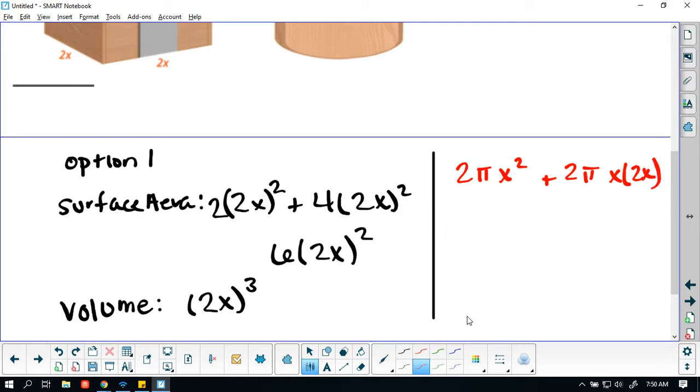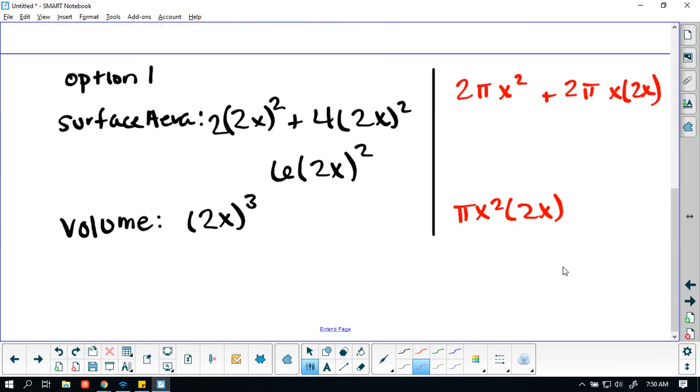And the volume is going to be pi x squared times 2x. And remember, we usually use 3.14 as the value for pi. Your calculator does have pi in it, so that makes it a little bit easier.